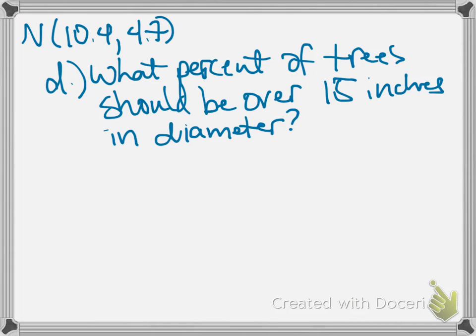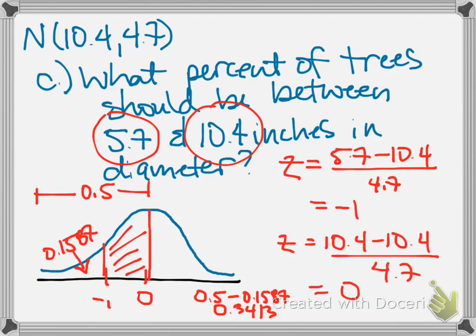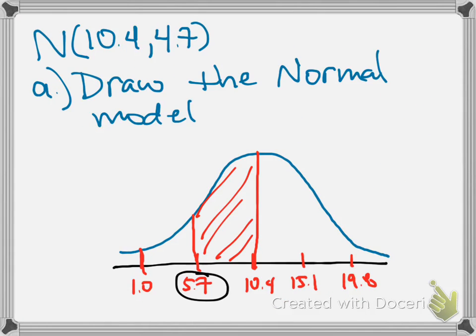We have one more part to this question. It asks, what percent of trees should be over 15 inches in diameter? So if we go back to our normal model, we saw that 15.1 inches would be 1 standard deviation above the mean.